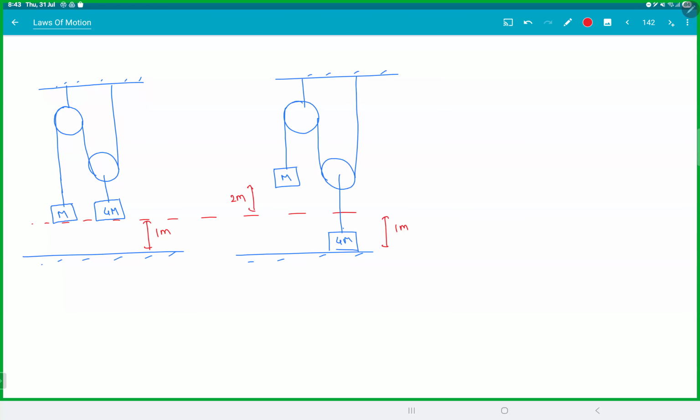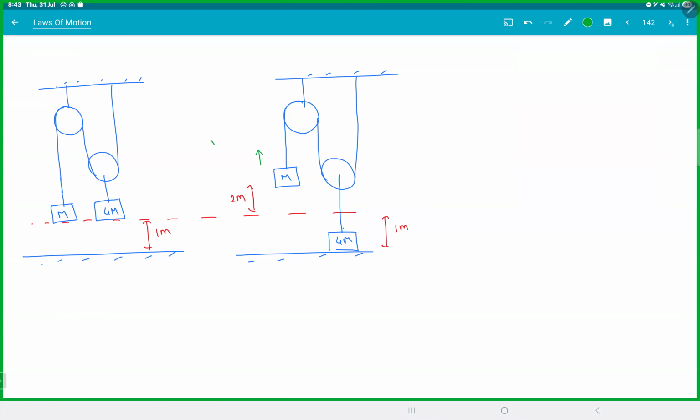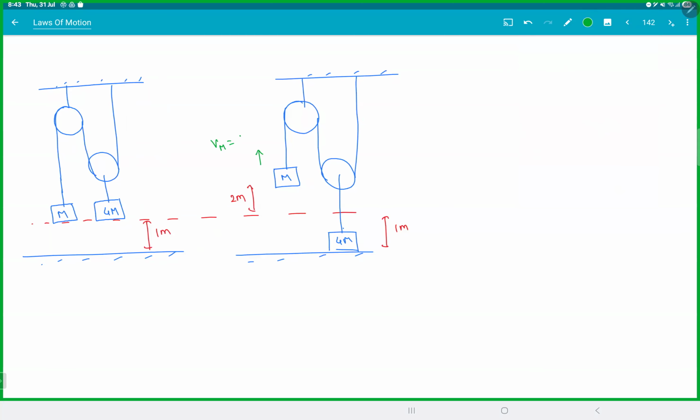Now you tell me, when 4M comes down and hits the ground, do you think M will stop suddenly? Are you getting it? When 4M stops, M will not stop. M will still have velocity. So velocity of M, which we calculated here, is 2 root 5 meters per second. So when 4M hits the ground and stops, 4M stopped because the ground was hitting it, but there is no one to stop M here.